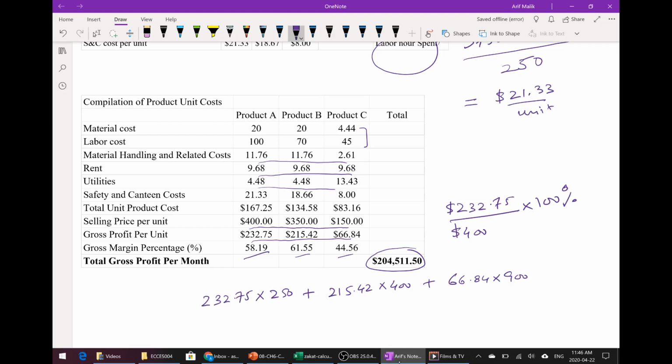And that's the total gross profit per month coming to $204,511.50.